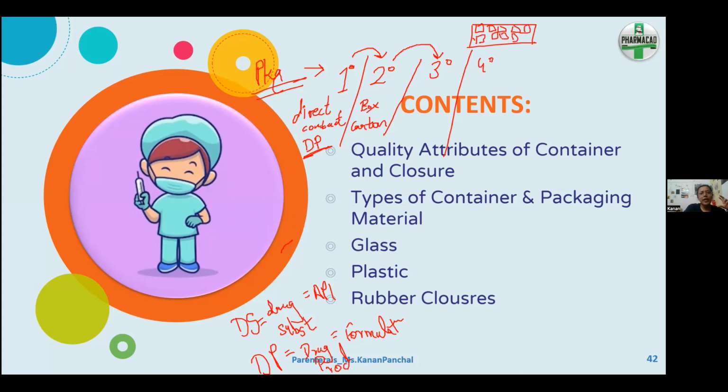And probably you might have a fourth level of packaging, which is that big brown-colored cardboard carton. That becomes your fourth level. But primarily, during studies, we study these three packaging levels. Also, when you're doing the stability study of your drug product, meaning formulation, you will do its stability study in primary packaging as well as secondary packaging.